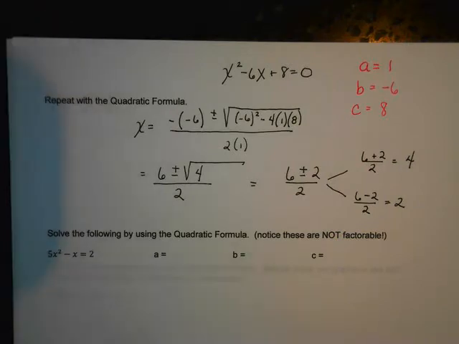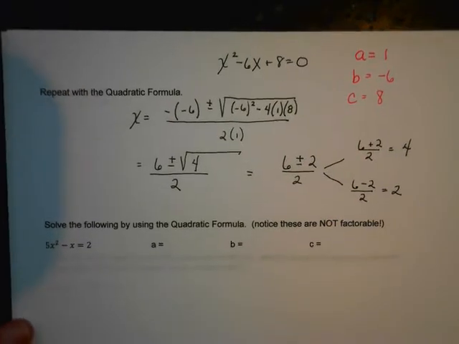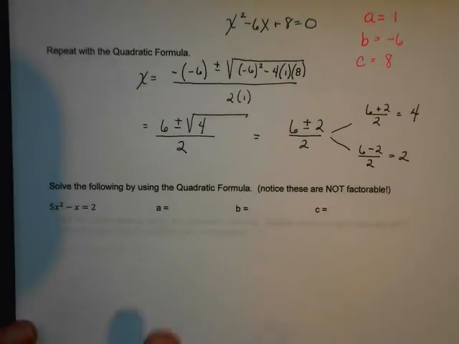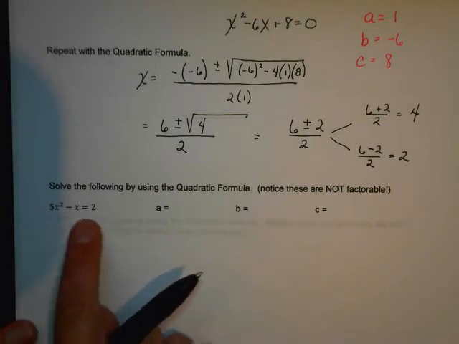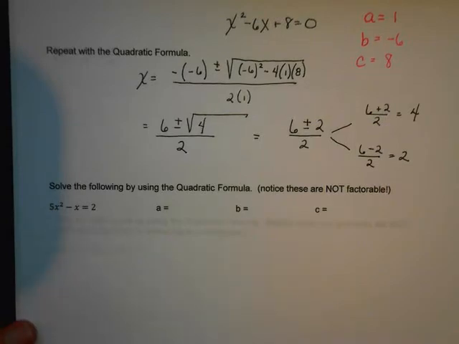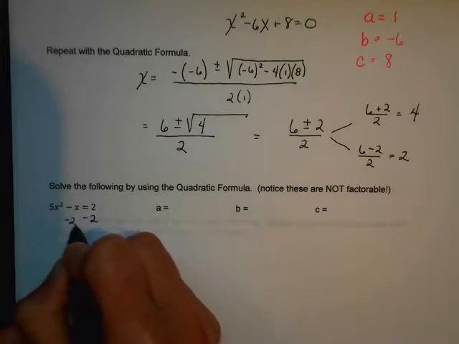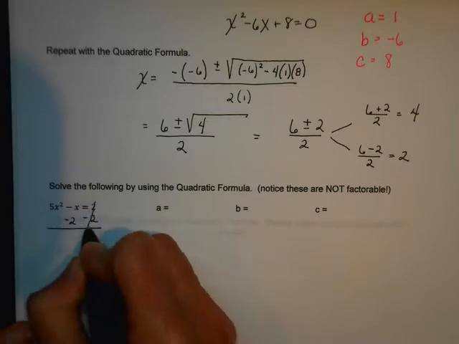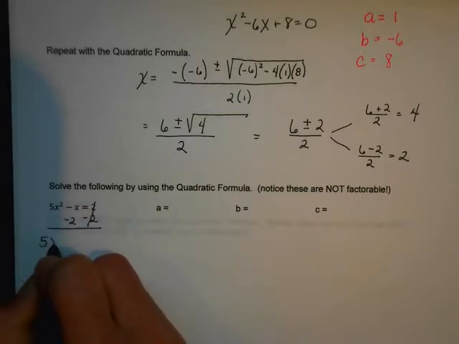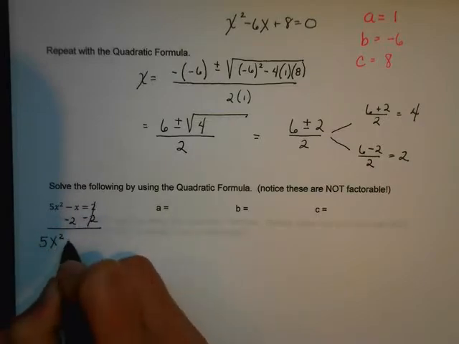All right. So these questions, if you tried to factor them, they're not factorable. Okay, so it's okay if we get some weird looking answers that we're going to have to round. First thing first, though, is you've got to get one side equal to 0. So I'm going to subtract 2 from both sides and call this 5x squared minus x minus 2 equals 0.